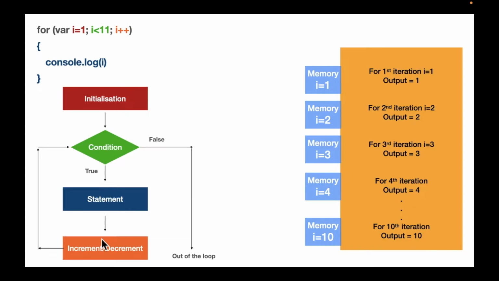It will go on like this till 10, because the second part is given as I less than 11. After 10, when it increments, the value of I becomes 11. And when it checks the condition, it will give a false result. When it is false, it will not execute its boundary. So this is how the for loop works.